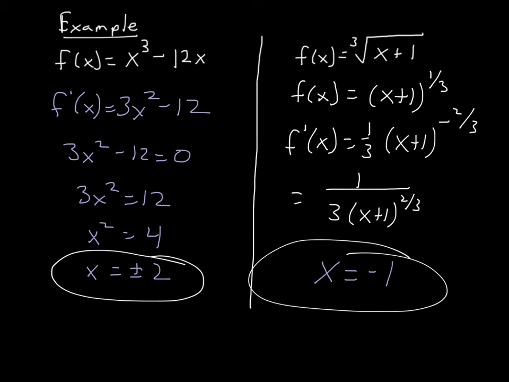In the second one, at x equals -1, if you graph it out, you're going to notice we actually don't have any relative extrema with this particular function. It is a cube root, so its domain is all real numbers, but it is always increasing.